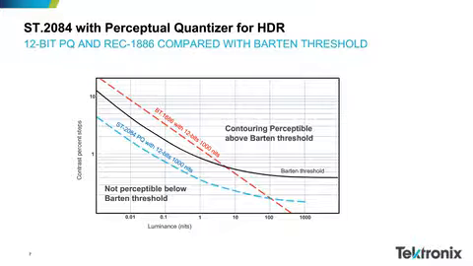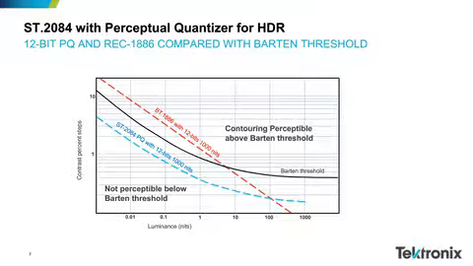And the 2084 curve was positioned after that so that with 12 bits and 1,000 nits, we could actually come and stay well under that Barton curve and be able to display the contrast ratios that the human eye actually sees.